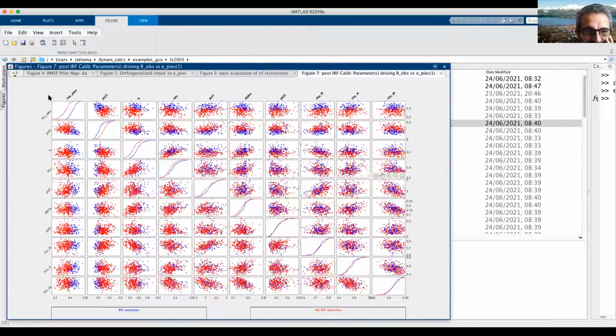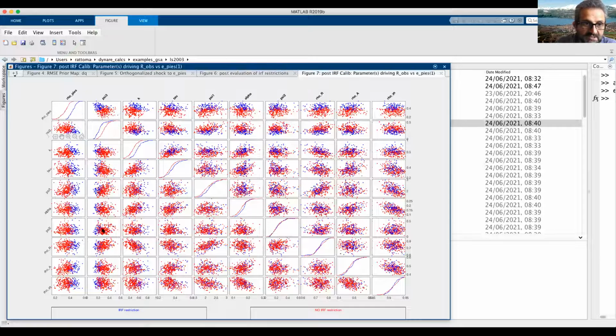Okay, so we see on the diagonal first that large values of the persistence of the shock trigger a smaller response of the interest rate. A smaller degree of exchange rate targeting also triggers less response of the interest rate. A higher slope of the Phillips curve also triggers a smaller response of the interest rate.